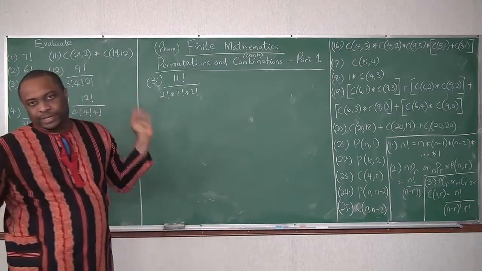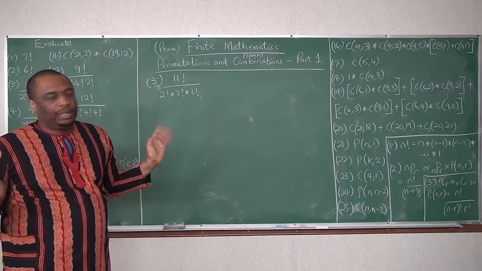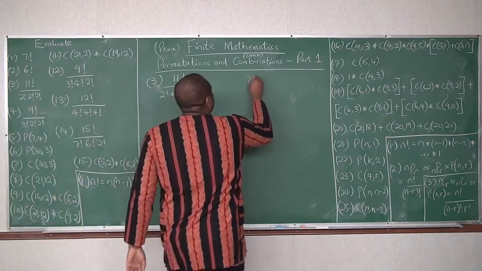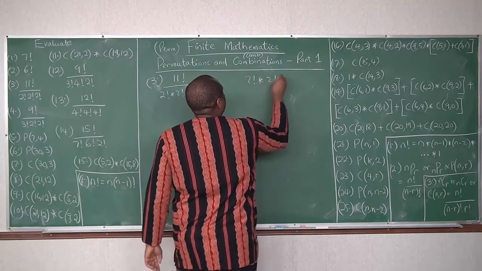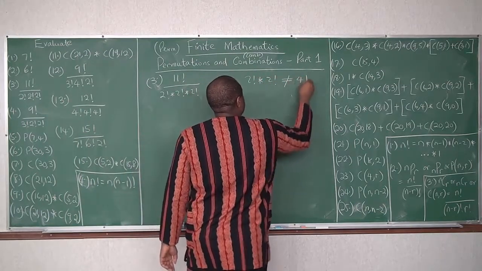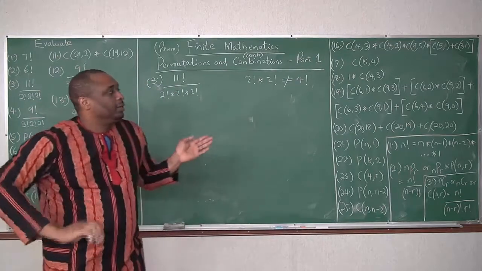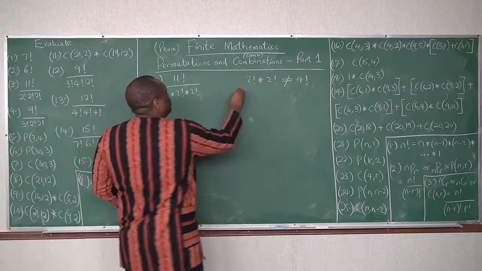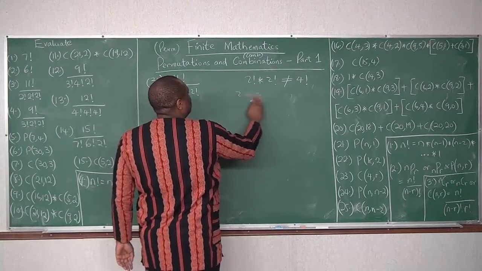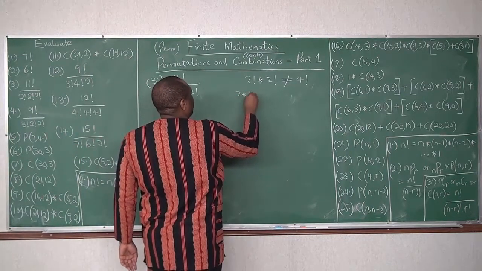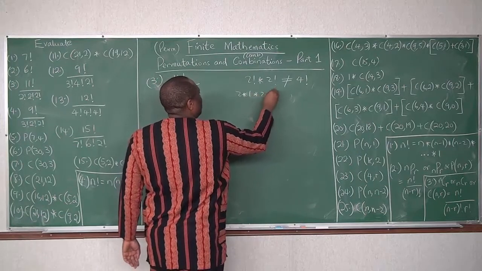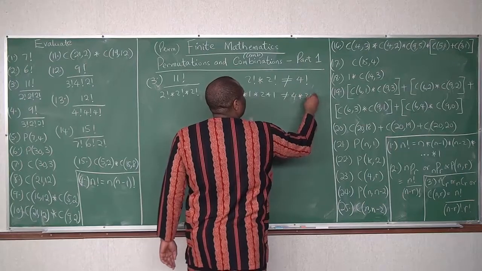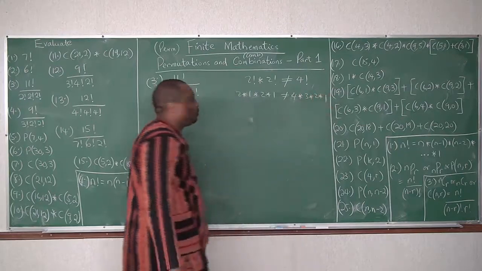We're going to stop at 2 factorial. And this is a mistake that some students make. 2 factorial times 2 factorial is not equal to 4 factorial. Don't try it. 2 factorial is 2 times 1, so 2 times 1 times 2 times 1 is not equal to 4 times 3 times 2 times 1. It is not equal to that.